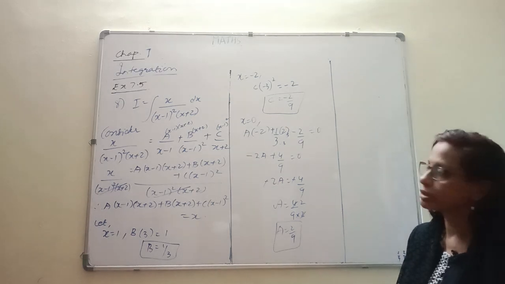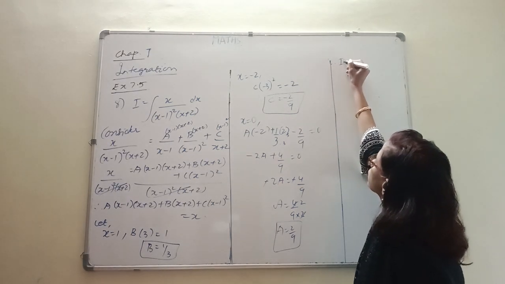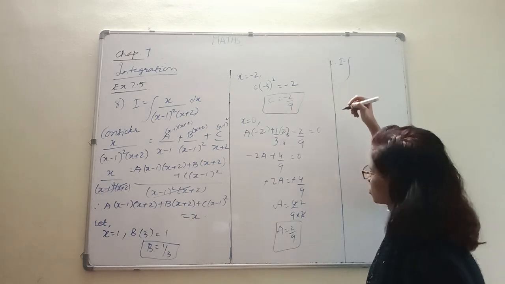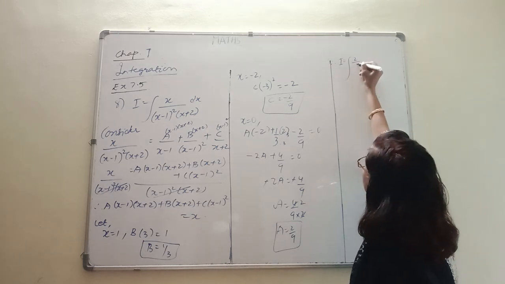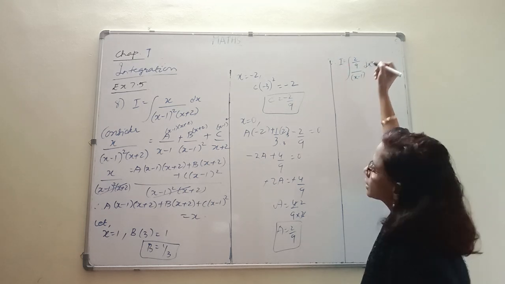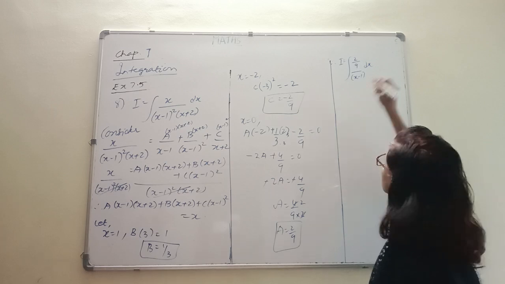Let's come back to the I value. I is going to be, therefore, the integral of a over x minus 1. So 2 over 9 over x minus 1 dx. Next is b. So b over (x minus 1) squared.